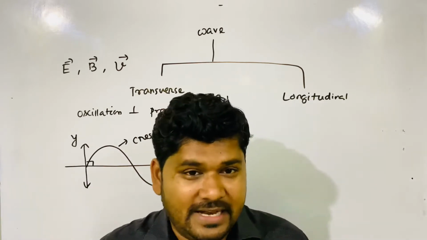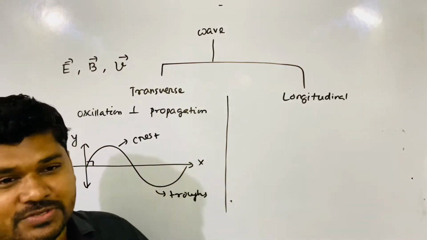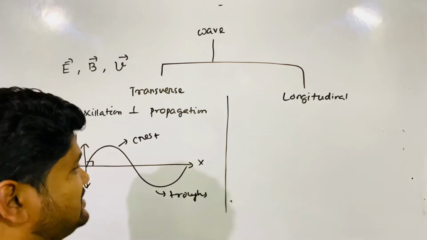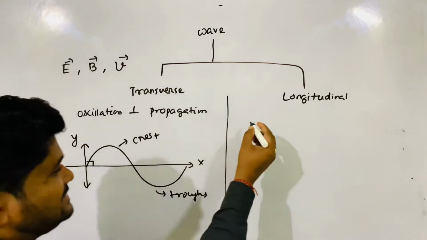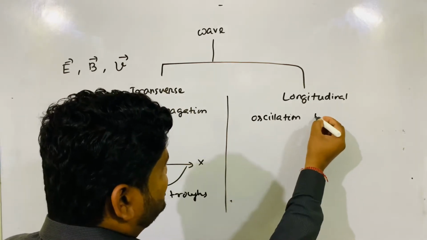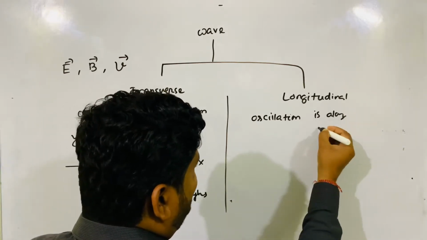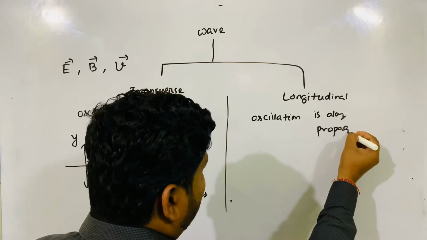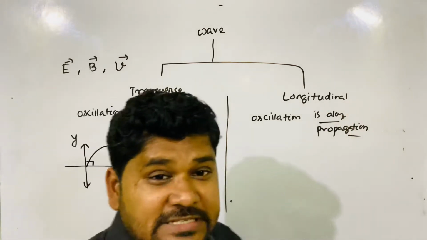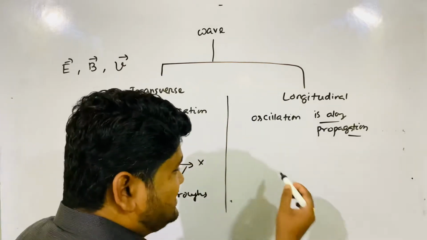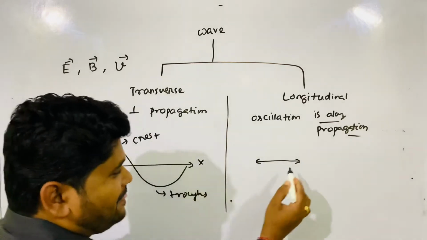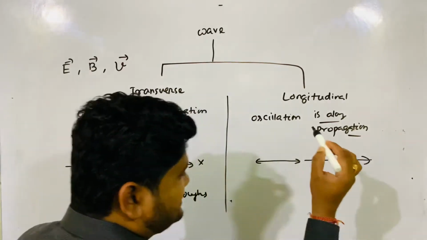Then let's come to the longitudinal wave. What is a longitudinal wave? Here oscillation and propagation are not perpendicular; rather, oscillation is along propagation. If oscillation happens in this direction, the wave also propagates in that direction.